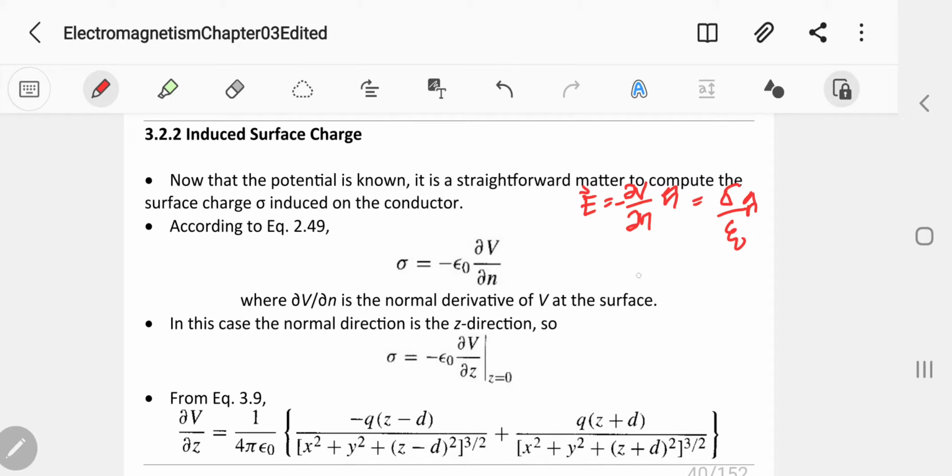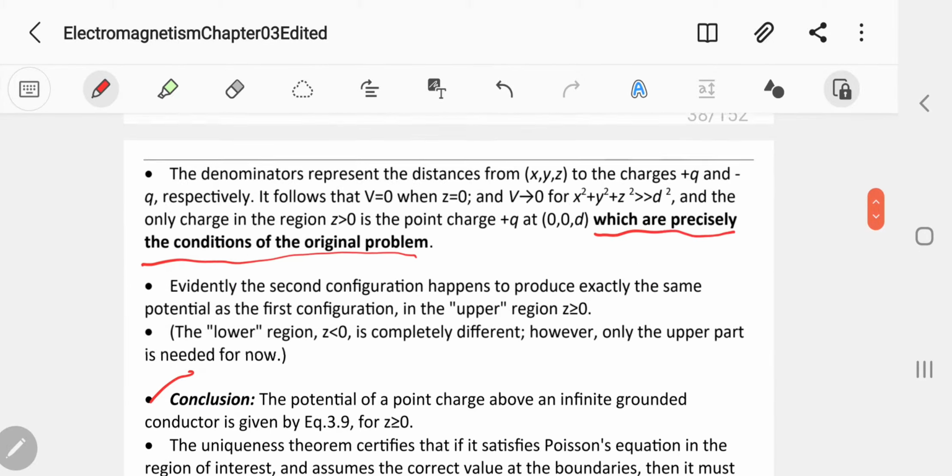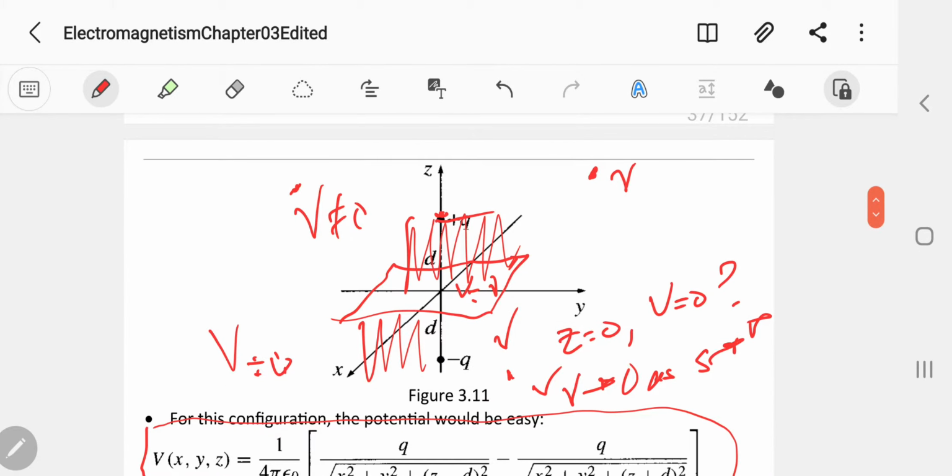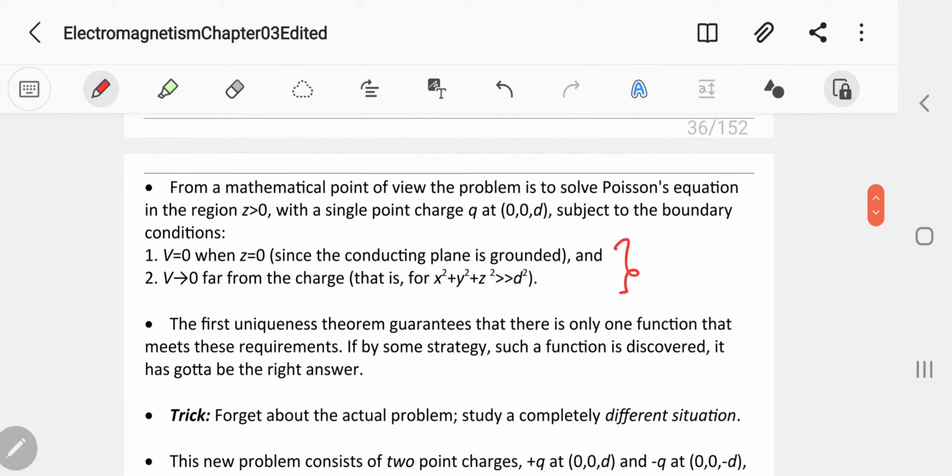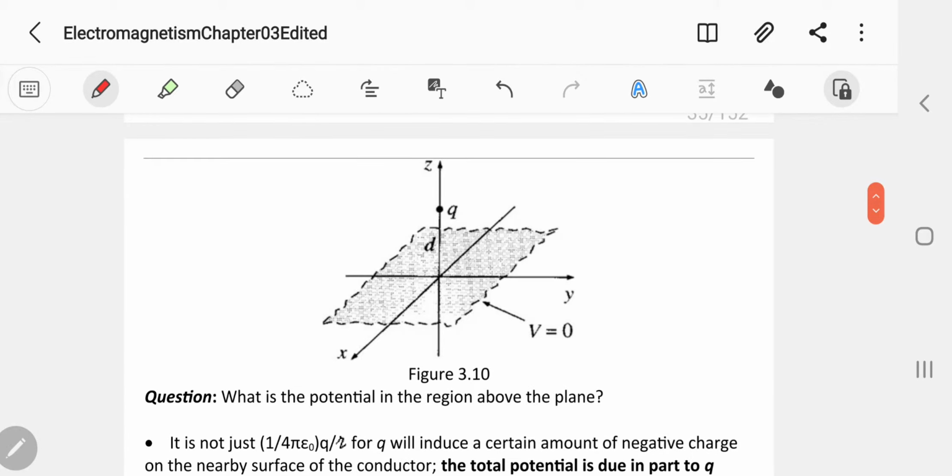But in this case, our normal to the plane is z hat.